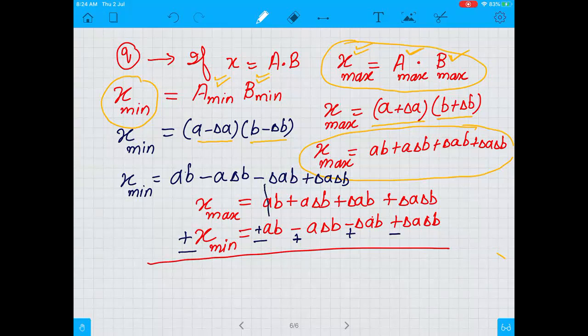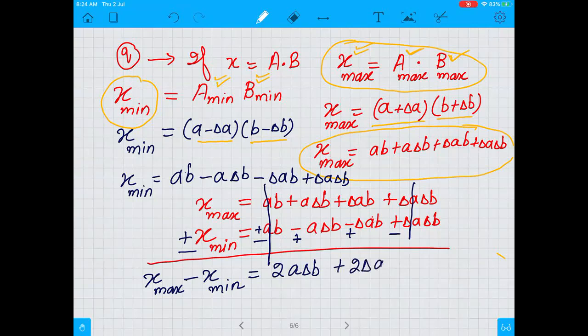Now you see this value is cancelled, this value is cancelled, and the remaining thing is x maximum minus x minimum, basically the range of values of x, will be equal to 2 times a delta b plus 2 times delta a b. So this is the range of values of x.